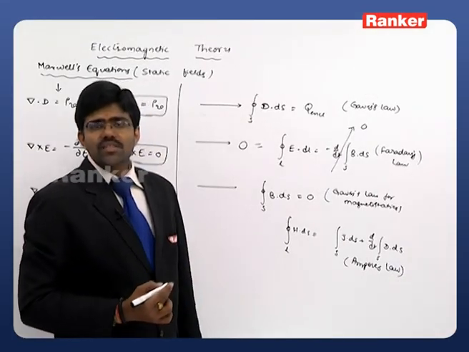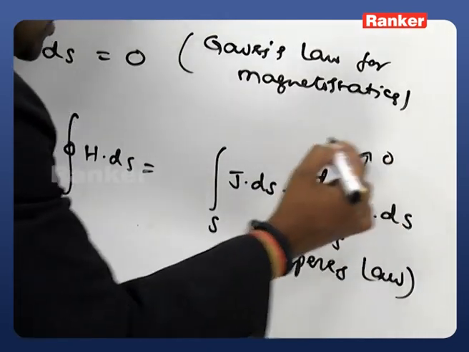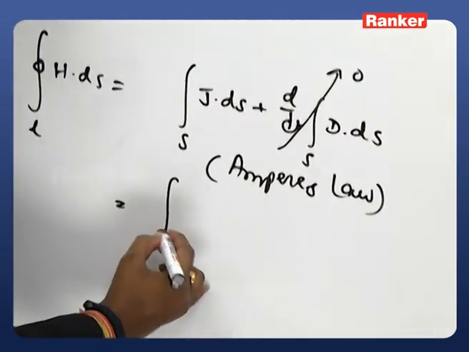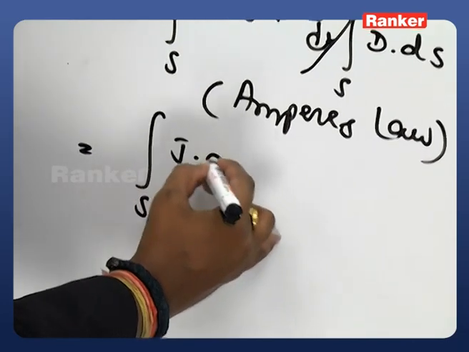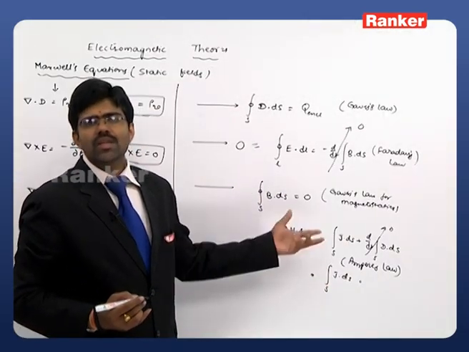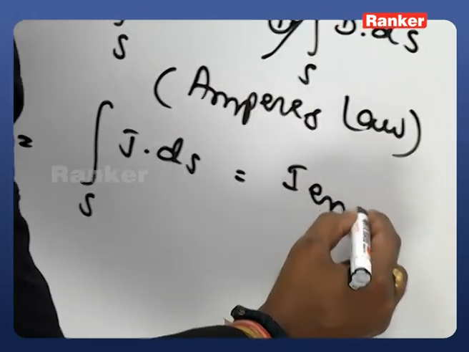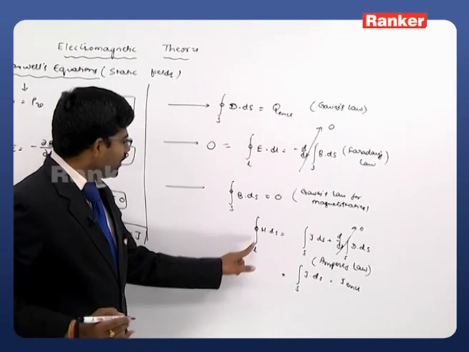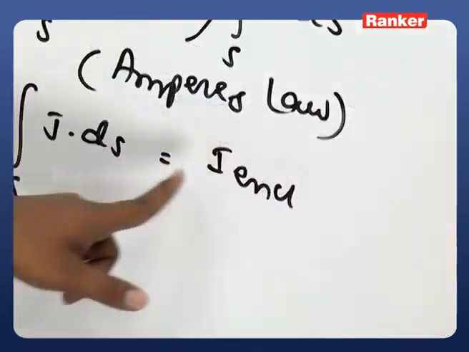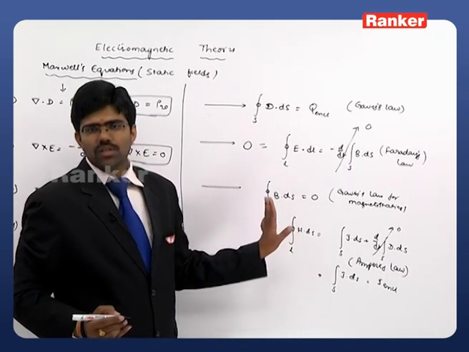Since we are considering static fields, the dou by dou t term becomes 0, and this equation will be modified to just the surface integral of J dot dS. What do you mean by surface integral of J dot dS? The total current enclosed. So this can be written as just I enclosed. The line integral of H dot dl is equal to I enclosed. This is the integral form of our Maxwell's fourth equation.